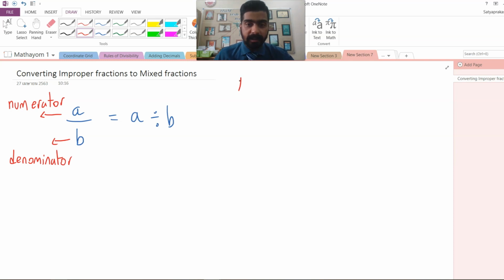Now in an improper fraction, whenever the numerator is greater than the denominator, that means the fraction is improper or irregular.